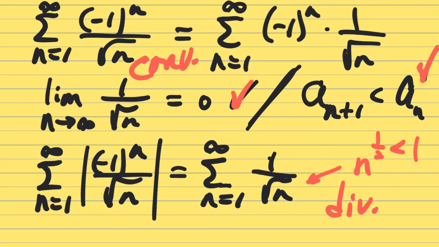So this is a case of conditionally convergent, because the original problem converged, but when we take the absolute value, that introduced a divergent series. So this is a case of conditional convergence.